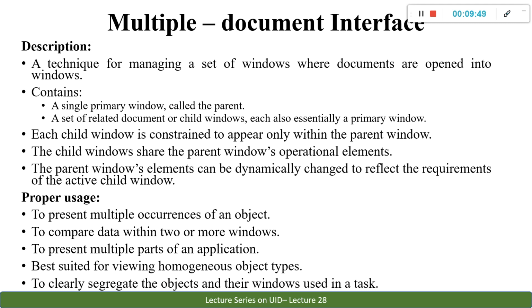So if you change it, you might find any differences in your child windows. It is something like child window is always a result of something from the parent window. That thing can happen. Okay, so when is this proper usage of this being done? To present multiple occurrences of object. If you want multiple objects to be seen at same time, that time you can have this particular kind of window.